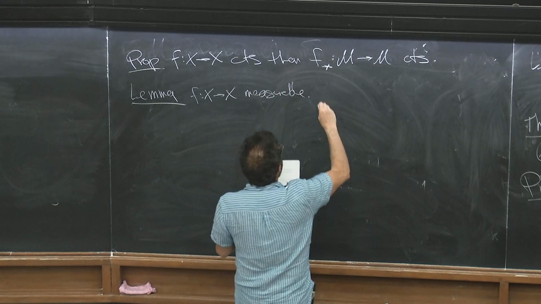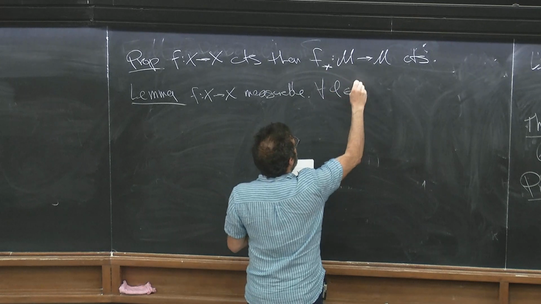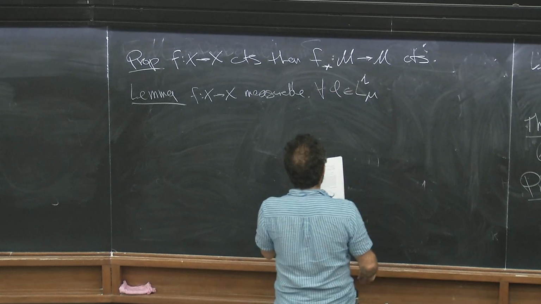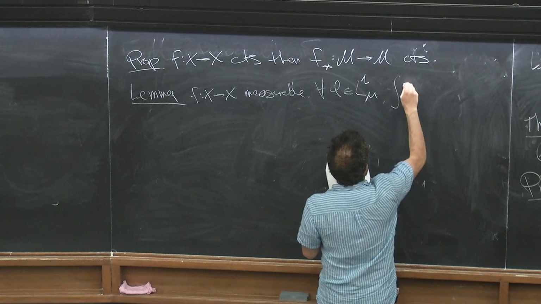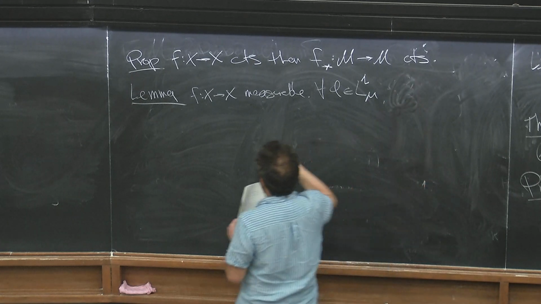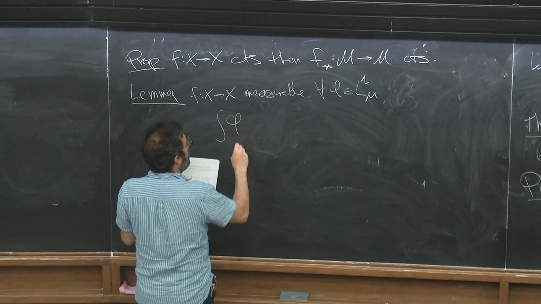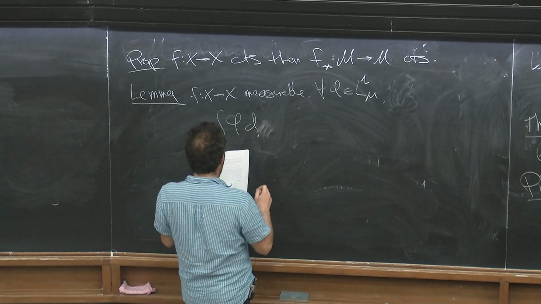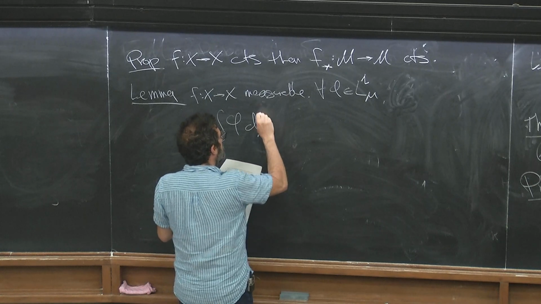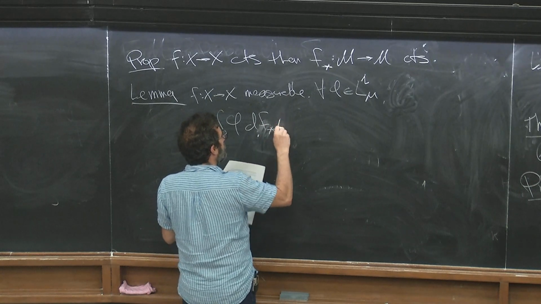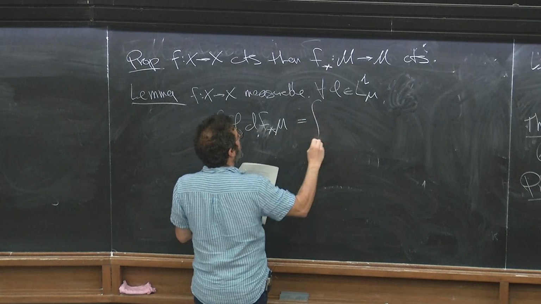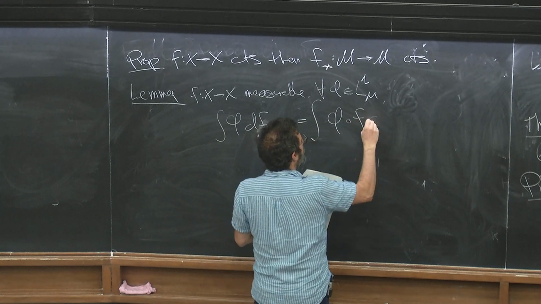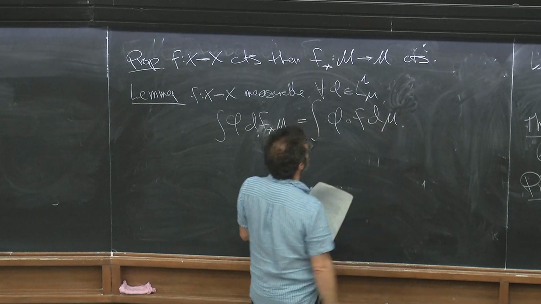We have then, for all L1 functions phi of mu, that the integral of phi with respect to the measure f star mu is exactly the same as the integral of phi composed with f with respect to the measure mu.